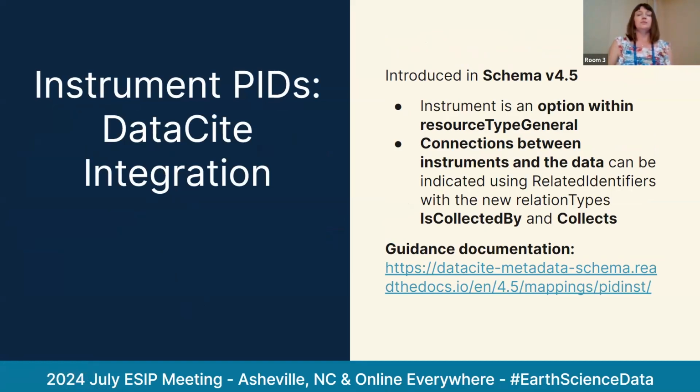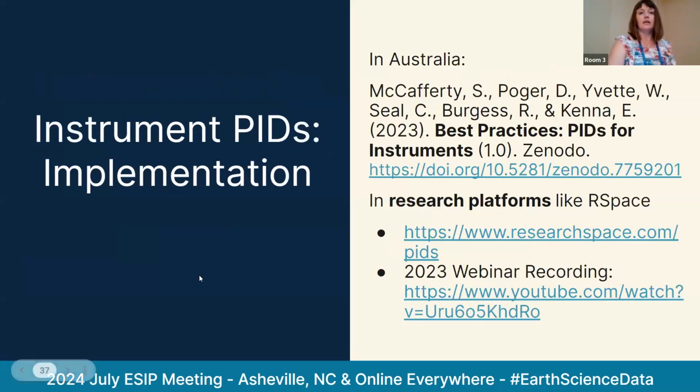But in addition to being a resource type general, it also allows for more relationships. So there's a relationship is collected by and collects, so you can associate the instrument DOI to the data set DOI or to any kind of publications. Well, the collects and collected by is more for the data. But they have a whole great guidance there, as Nick was alluding to.